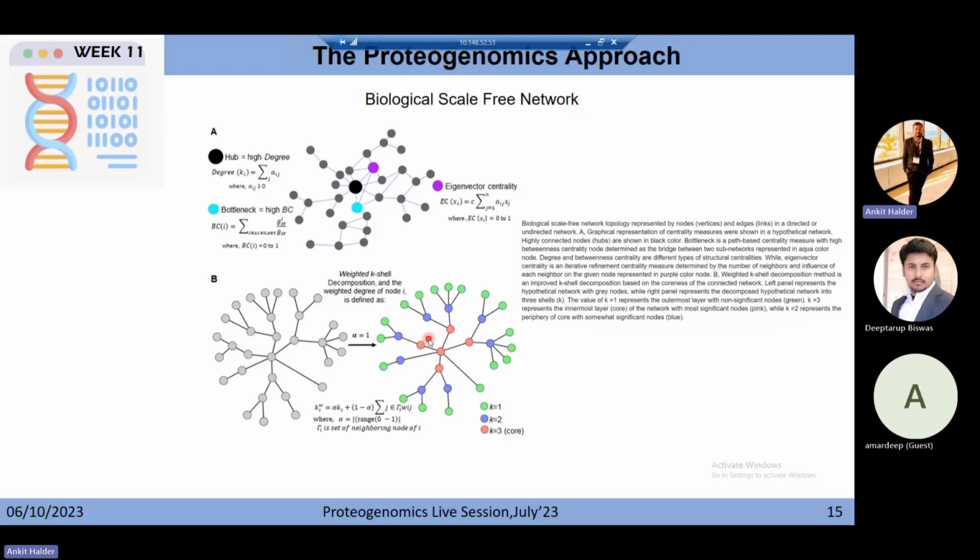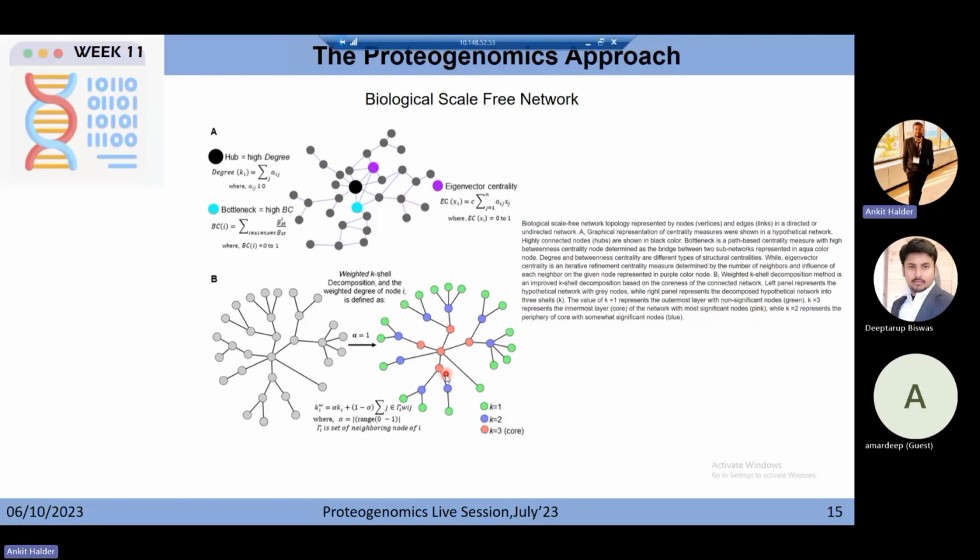So K-shell or K nearest neighbor, what we had discussed. It depends on how much it can be decomposed or divided. So K equal to 1 is the outermost layer with non-significant nodes, in green. K equal to 3 represents the innermost layer, the core of the network, with the most significant nodes.